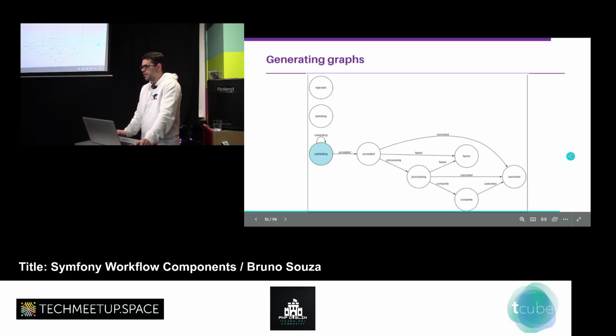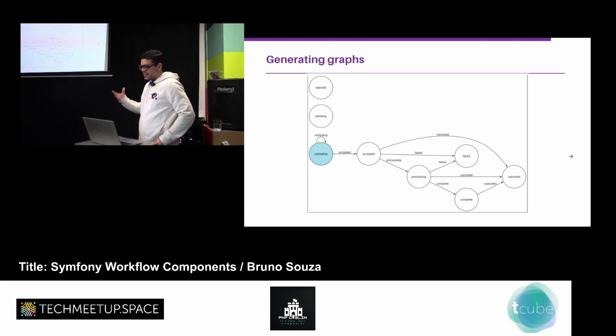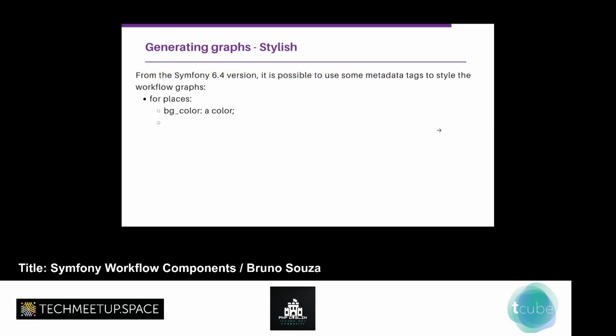Based on all those definitions that I showed you in my YAML file, I have this result. You can check here, the initial one is validation, then go to accepted, then processing, failed, canceled, all the states here.